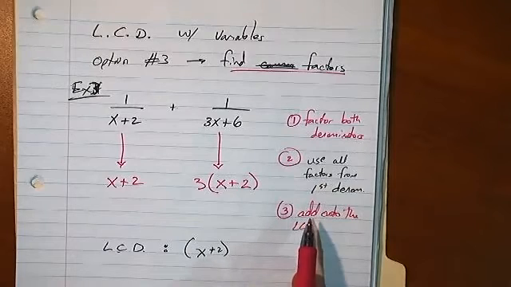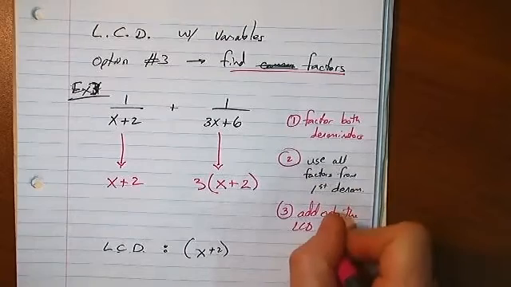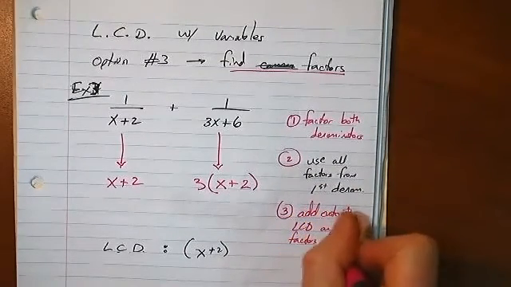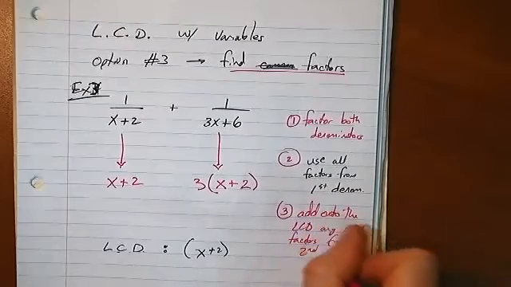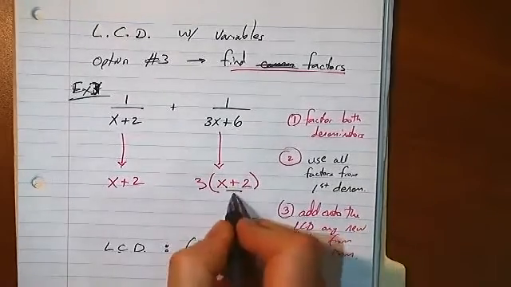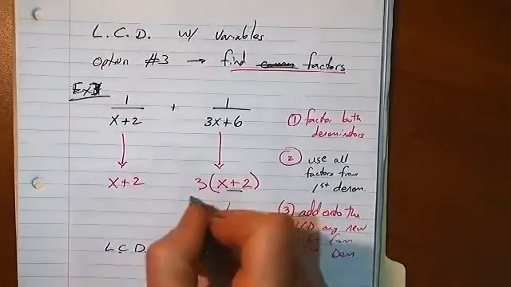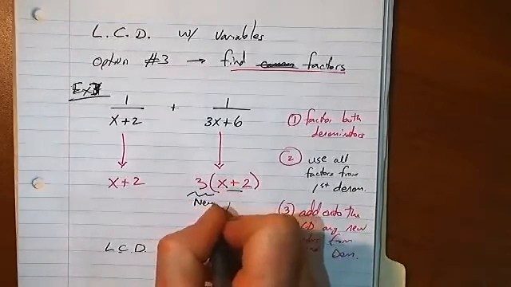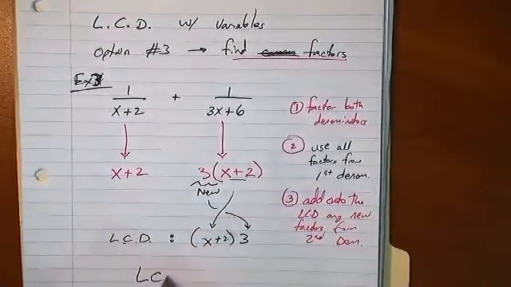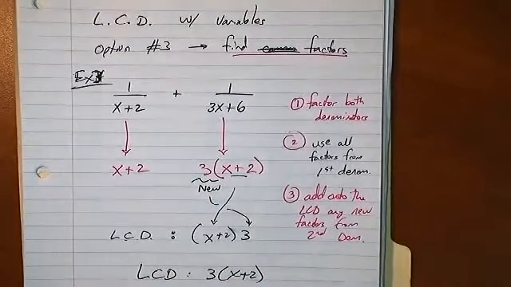I mean literally what we're going to be multiplying onto this, any new factors from the second denominator. Okay, so I already have an x plus 2. That's already there. I don't need that again. I just need the one that's new. Here's my new one. So I'm going to combine that on. So my lowest common denominator here would be 3 times x plus 2. That would be my lowest common denominator.